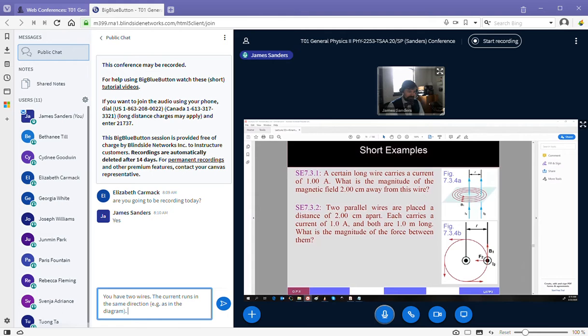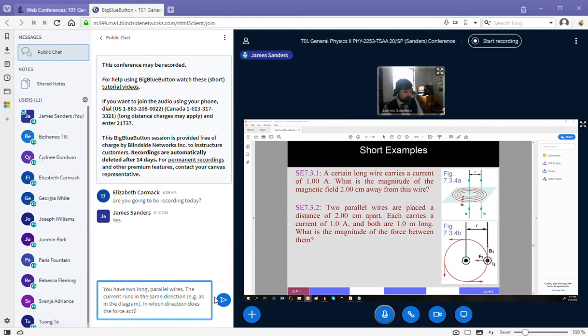The current is running in the same direction as in the diagram. The wires are parallel, so two parallel wires. What we want to know is what direction the force will act in. We're looking at it from the side, as in this diagram here.